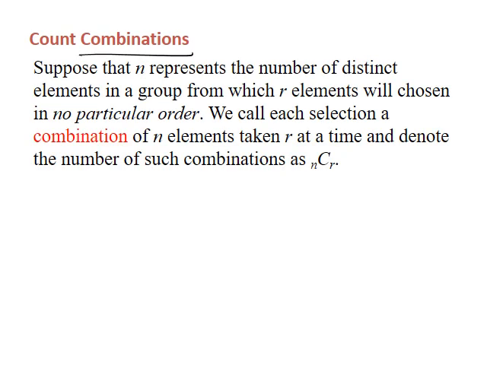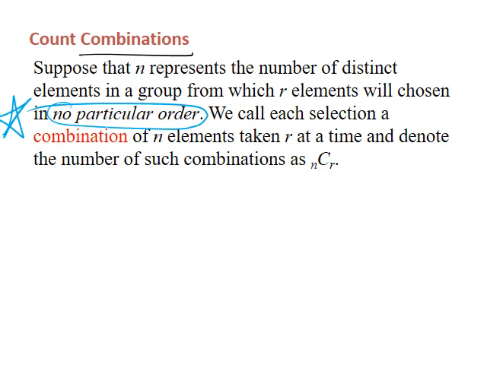We also have something called combinations. Combinations are different than permutations. The reason for this is that we're still going to choose something, however, the order in which they're chosen does not matter.